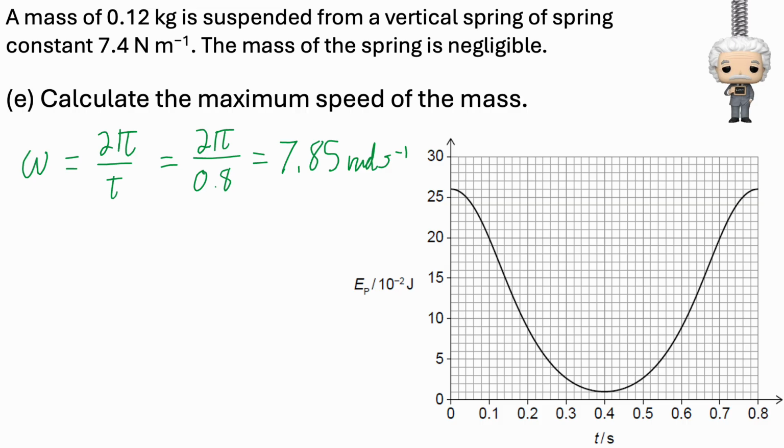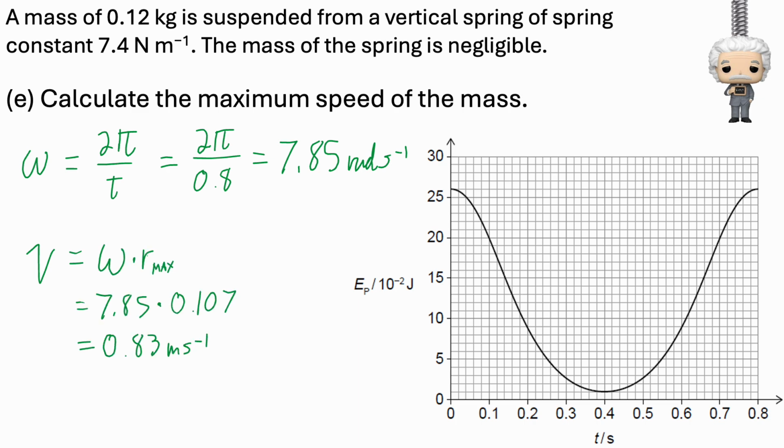That gives us 7.85 radians per second. From there, we can use this equation, which we often use for rotating objects and linear velocity at a point from the radius, but we can also use it to work out the maximum velocity of an SHM object. It gives us a maximum velocity of 0.83 meters per second.